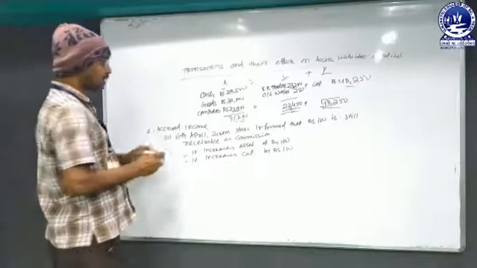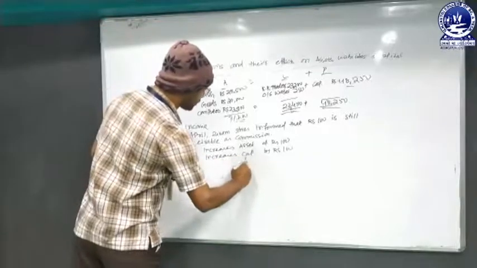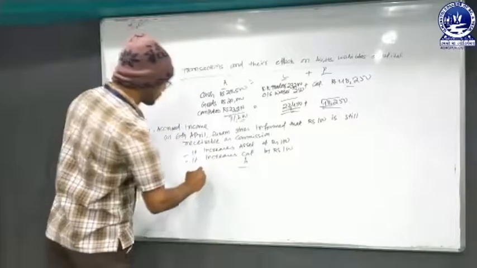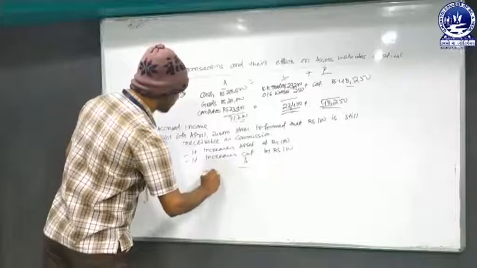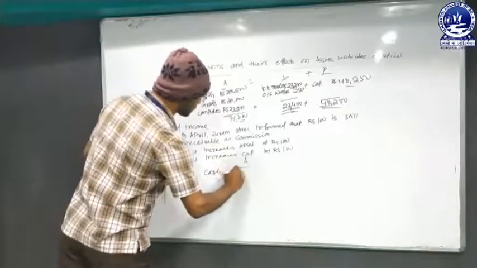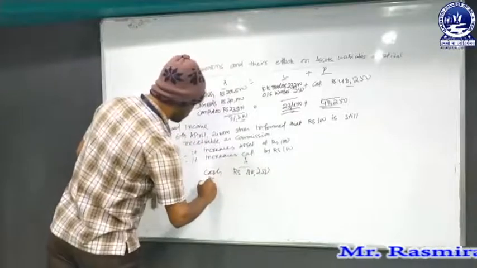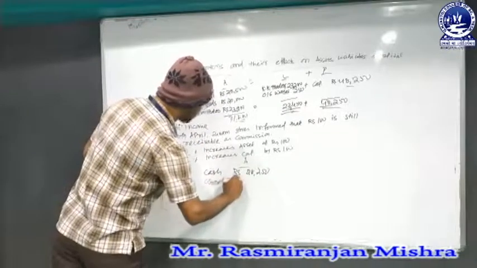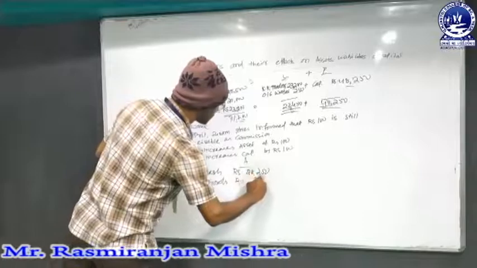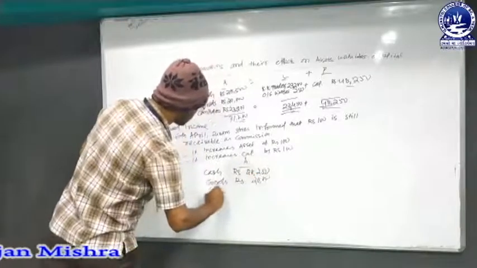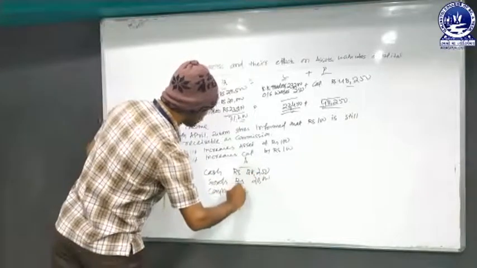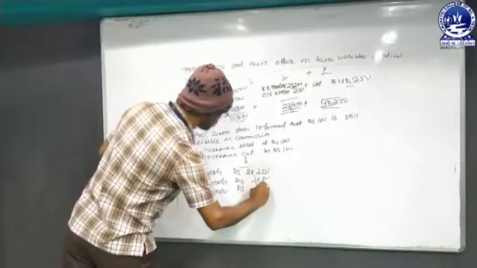So if we consider the previous transaction in the current transaction, the previous amount of cash is rupees 28,250, that will remain the same. The goods also remain the same, rupees 20,000. Then the computer remains the same, rupees 23,200.